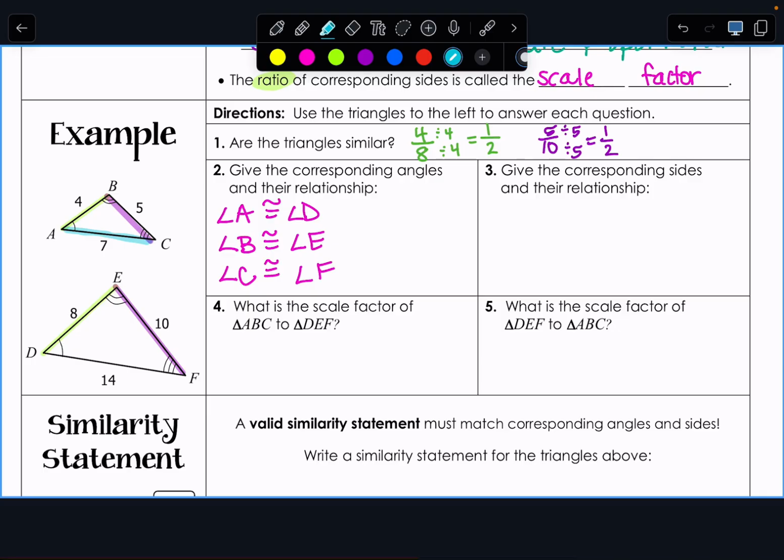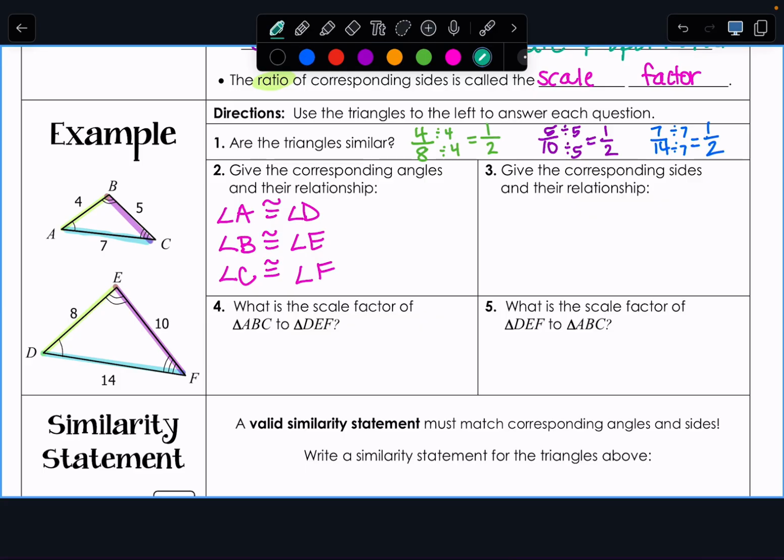Okay, Marshall, what number is in the same spot as 7 in our other triangle? 14. So I'm going to write 7/14. If we reduce that, what does that fraction reduce to? 1/2. Okay.